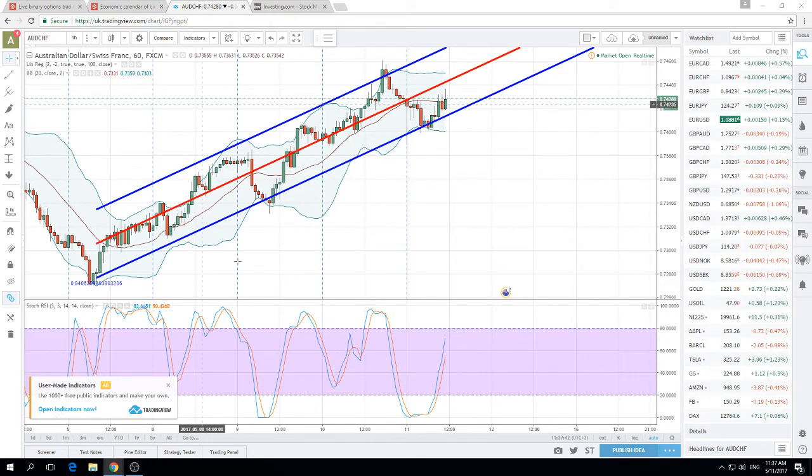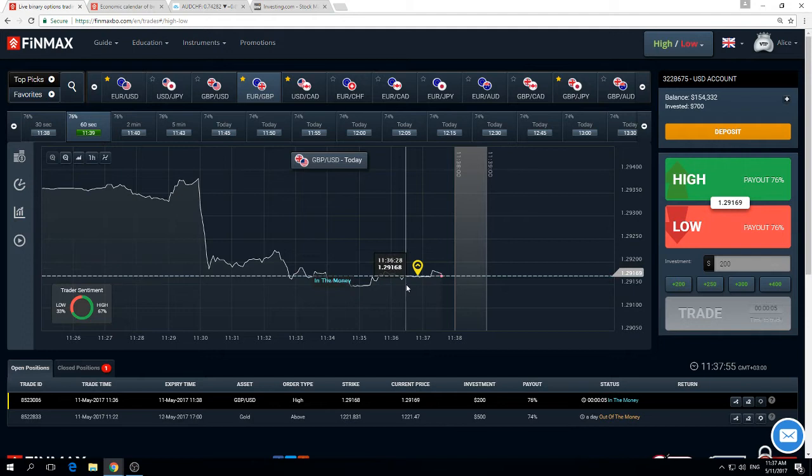Well, I have a recommendation here to open the trade on Siemens, but as I don't have it on my chart, I cannot analyze the market. I cannot make any prediction.